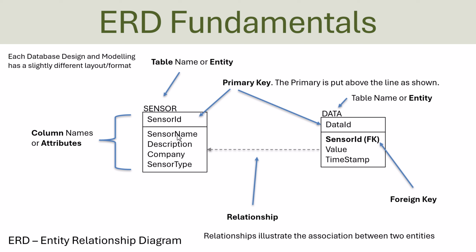And also for each column or attribute, we can specify a specific data type. It could be typically integer for the primary key, and attributes or columns like sensor name, description, etc. typically are text or varchar. And then in this case, timestamp typically is a datetime data type.